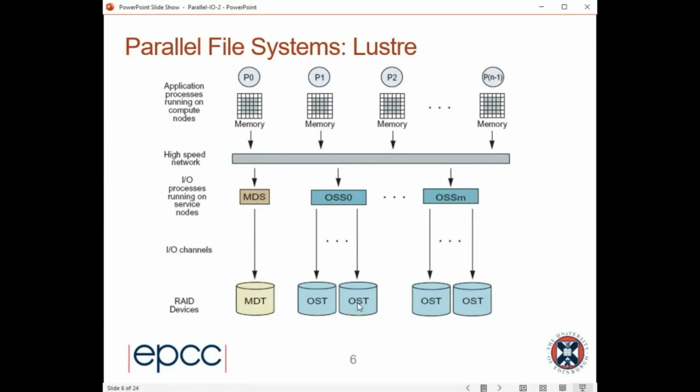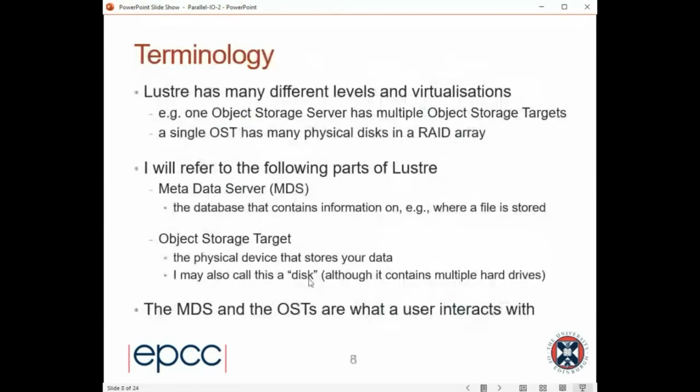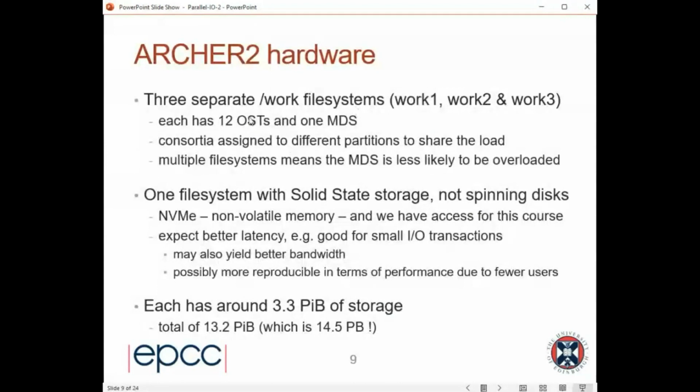So the sweet spot in ARCHER2, which we've chosen, is that we have 36 object storage targets, 36 disks, but we split them into 3 different file systems, where each file system has 1 metadata server and 12 OSTs.